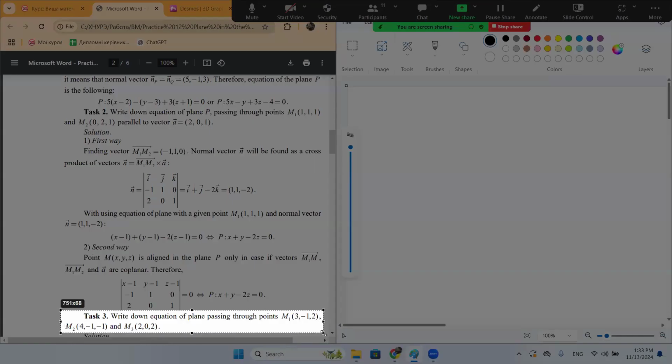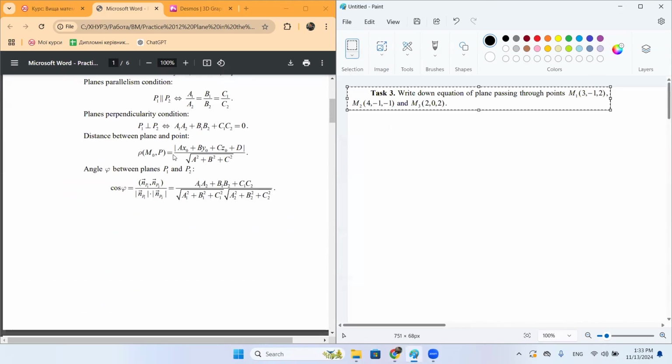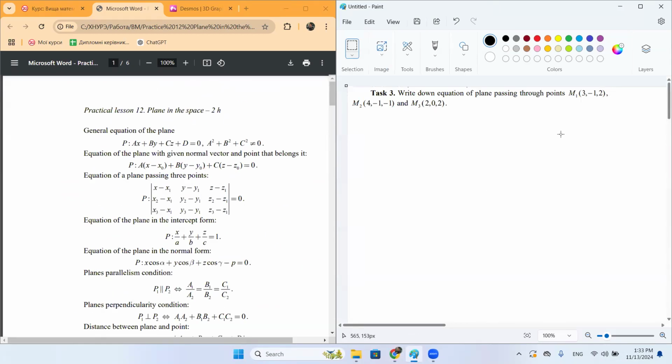So task number 3: we need to write down the equation of the plane passing through points M1, M2, and M3. So which formula to use? Who hasn't answered yet and can quickly answer this question? Dmitro?